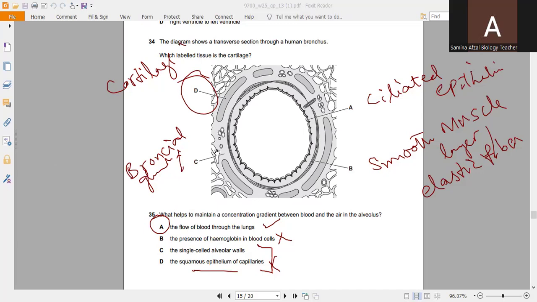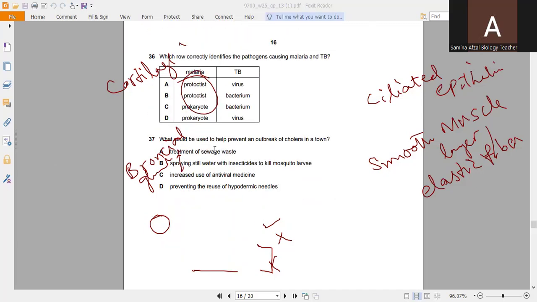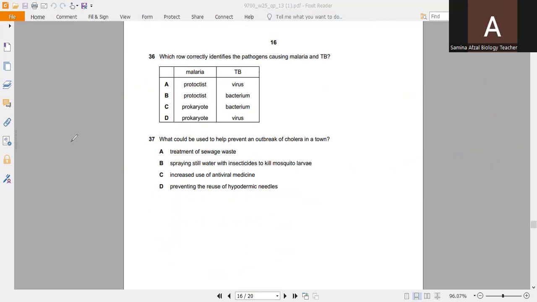Now move towards question number 36. Which row correctly identifies the pathogens causing malaria and TB? Malaria is caused by Plasmodium, which belongs to the kingdom Protoctista.